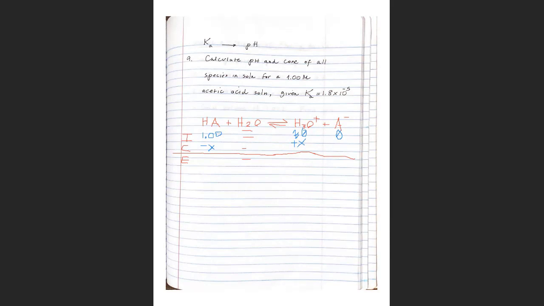With respect to their stoichiometric coefficients, everything is in a one-to-one ratio, so it's either minus x times 1 or plus x times 1.